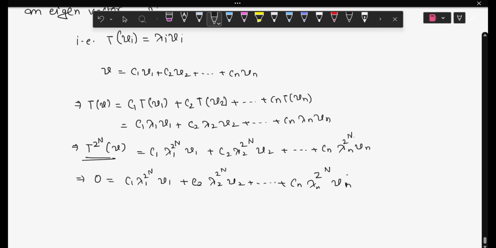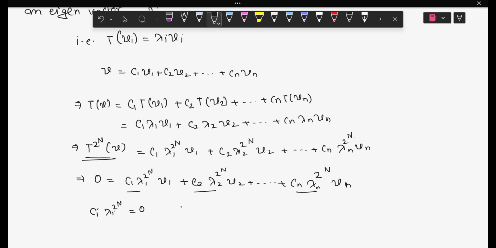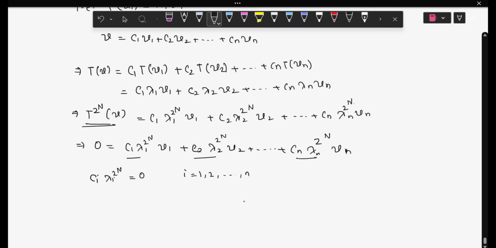Now, note that v1, v2, up to vn is a basis. As it is a basis, this set is linearly independent, and so each of these coefficients has to be 0. So, you can say that c1 lambda 1 to the power 2 to the power n is equal to 0. In other words, ci lambda i to the power 2 to the power n equals 0 for i equal to 1 up to n. This implies ci equal to 0 or lambda i equal to 0.